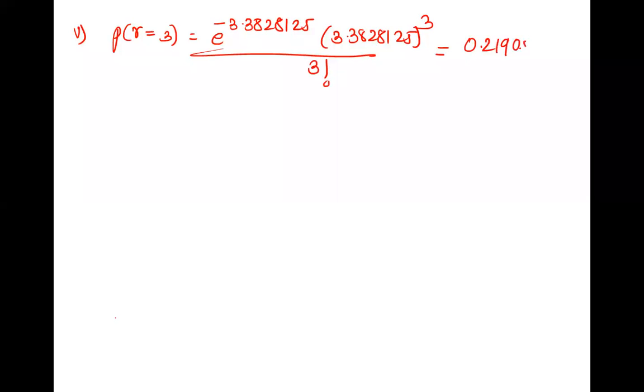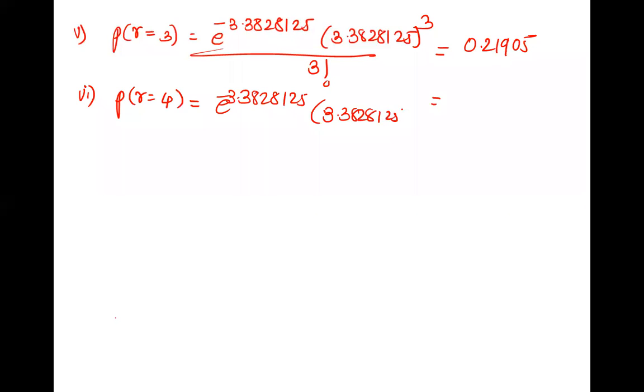What is that? 0.21905. Good. Okay, then you are writing this and tell me the answer. R is 4. 0.18525. Good.